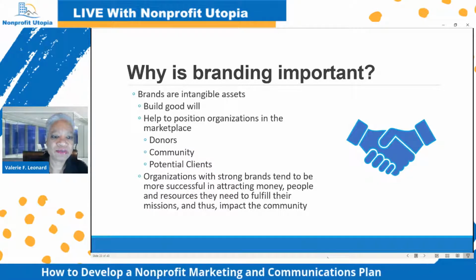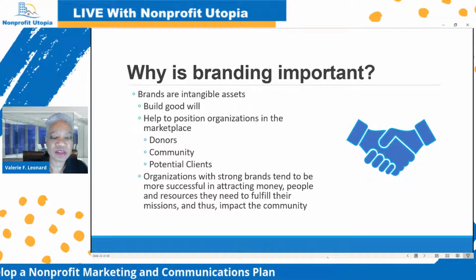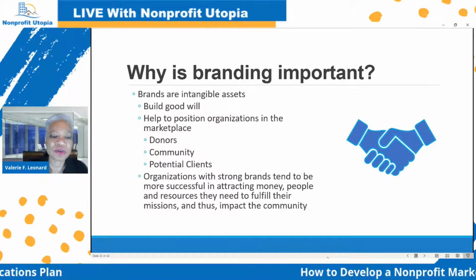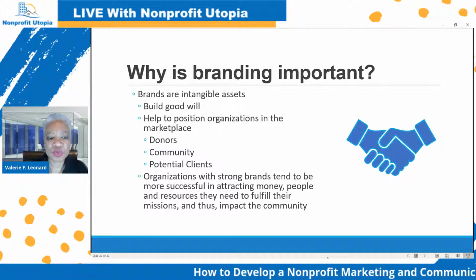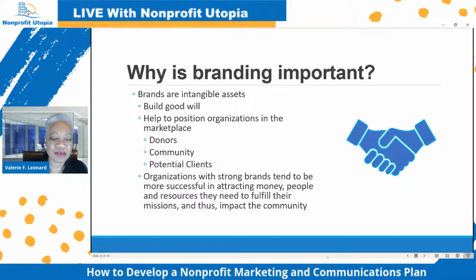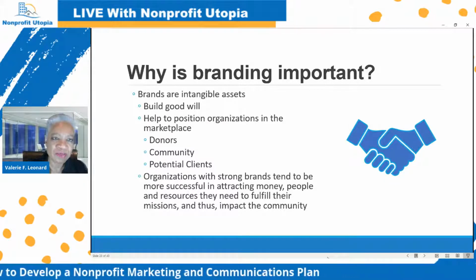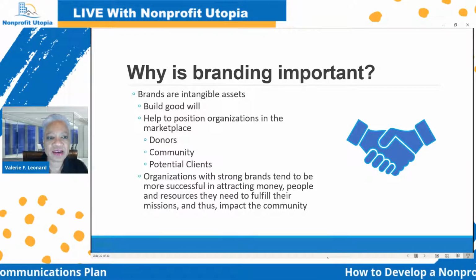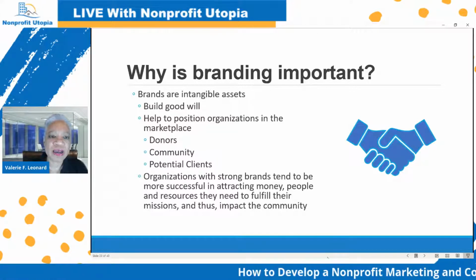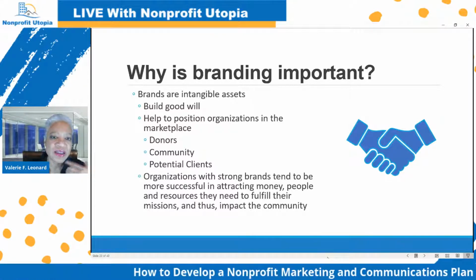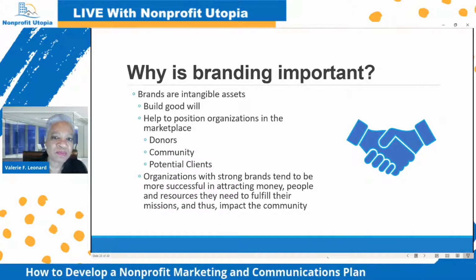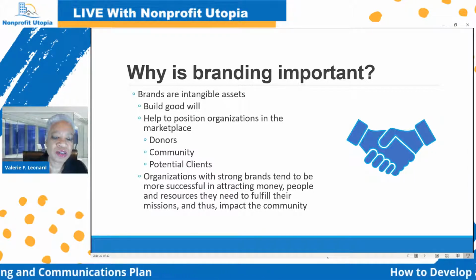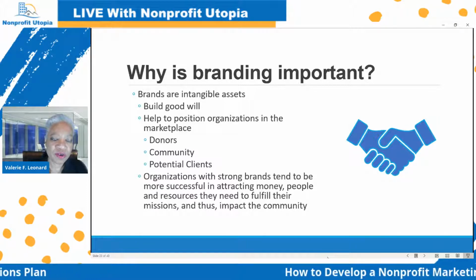Now, you're going to have different approaches to different segments of the market. You wouldn't communicate to your donors in the same way that you would with local residents, or with the same messages. I mean, overall, the message is going to be consistent, meaning that overall people are going to know that what your organization does is in the best interest of the community, but the language you use, the approach you use is going to vary based on who it is.